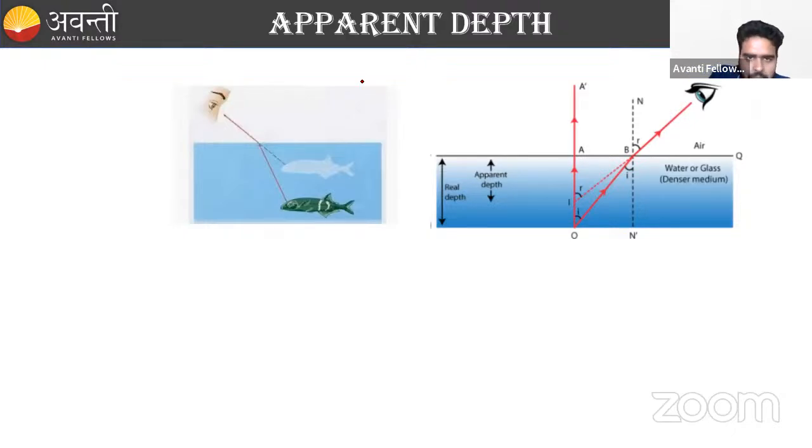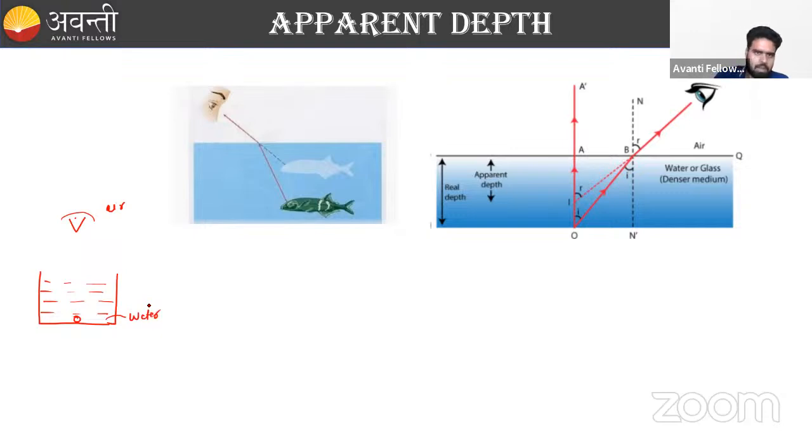That is the next concept, the application of Snell's law: the concept of apparent depth. Generally, suppose some object is inside a liquid, and we want to see the object, and the observer is present in another medium, air, while the object is placed in water.